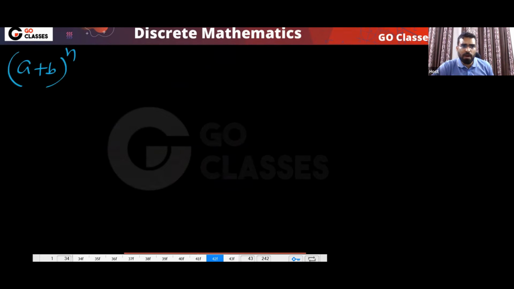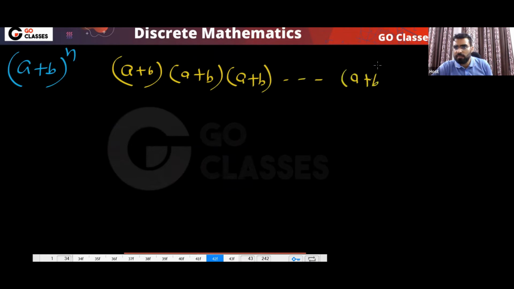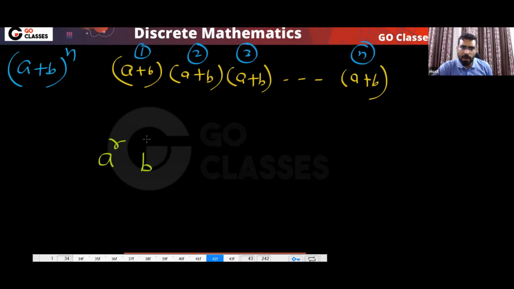If you have (a plus b) power n, then you have (a plus b), (a plus b), (a plus b), and so on. Total how many (a plus b) do you have? Total n. This term, a power r, b power n minus r: how many ways can you create it? If a is coming from r places, then from the remaining places, out of the n places you have, b will come.